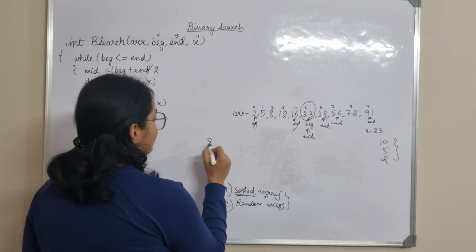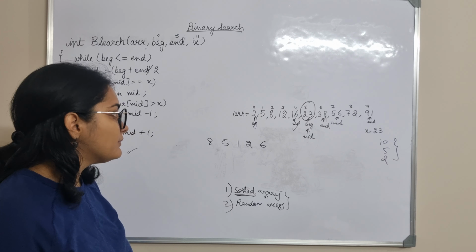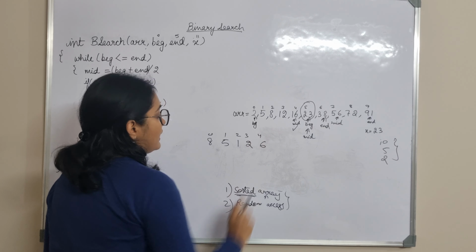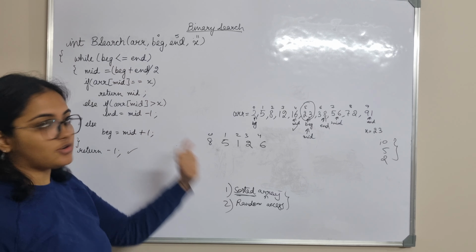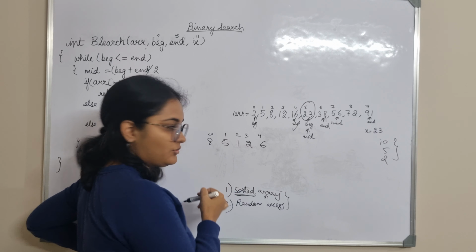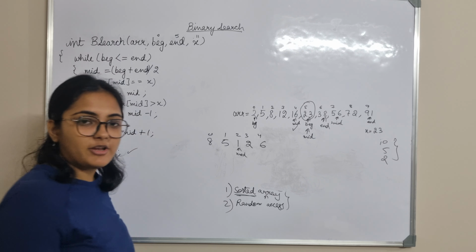Let's say we have an array 8, 5, 1, 2, 6, right? Now, if I apply binary search on this, what will happen? If I say 0 plus 4 by 2, that is 2. This is the middle element. Let's say we are looking for 8.